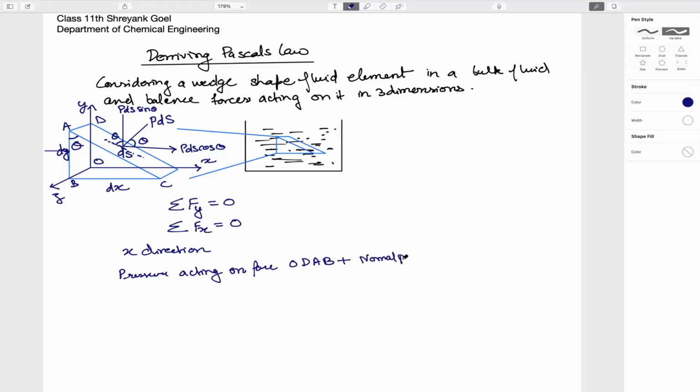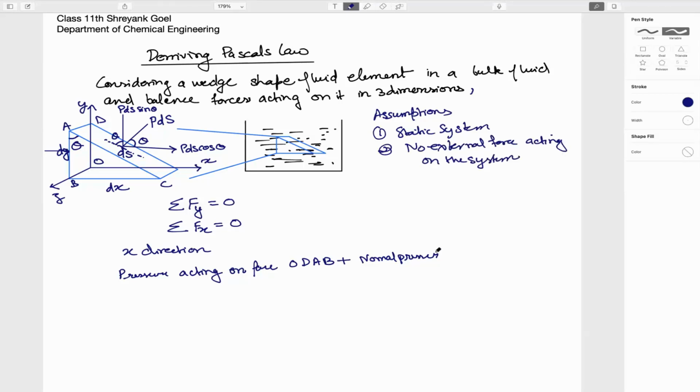The assumption here is one more, that it is a static system with no external force like gravity. So normal pressure on ACED is equal to 0.